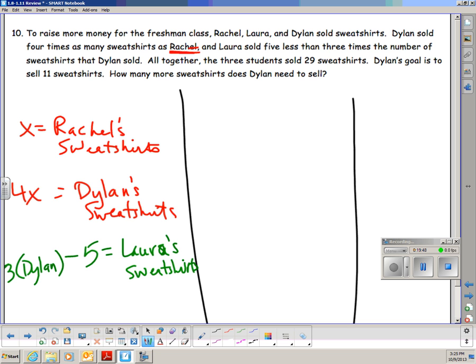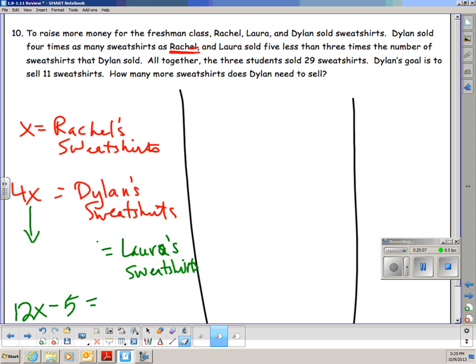Now I wrote it out in words because what is Dylan's number of sweatshirts? Well, it's 4X. So Dylan is 4X. I'll erase it now. It's just a little template to fill in. And 3 times 4X is 12X. So 12X minus 5 is really Laura's sweatshirts.